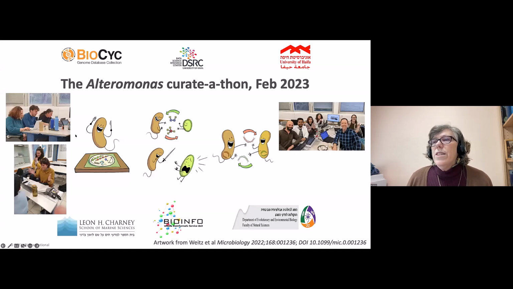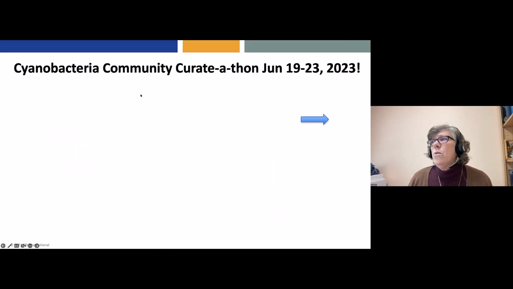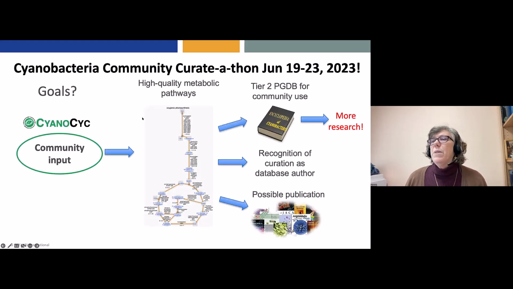We wanted to try this model with cyanobacteria, and so we are planning to do this in June. We've got a few months to organize it. So what are the goals? Well, it's very similar to what Osnat talked about before.